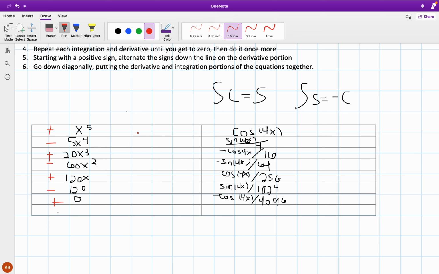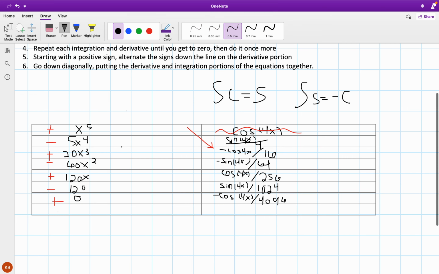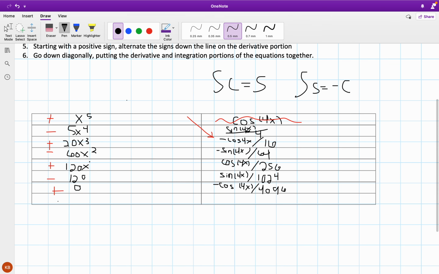Okay, and now we're going to put it all together to complete the problem, and we do it diagonally, which means that we're not going to end up using this. So, diagonal, this is the first one. The first part of the equation, pay attention to the signs here. We have a positive on the x to the fifth, and this value here is positive. So two positives, keep it positive.